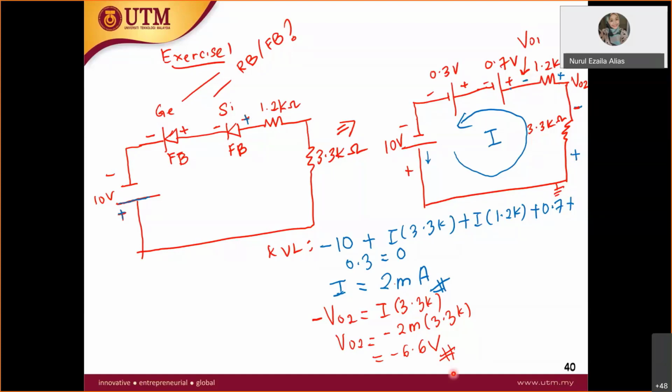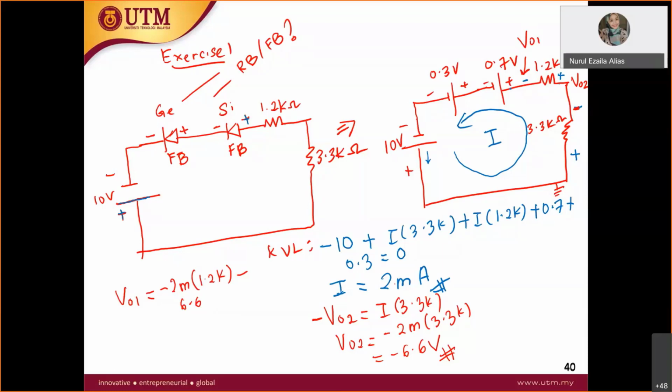Therefore, V01 is equal to negative 2 milli times resistor 1.2K, minus 6.6 volt. Why 6.6 volt? Because V02 you already calculated as negative 6.6 volt.